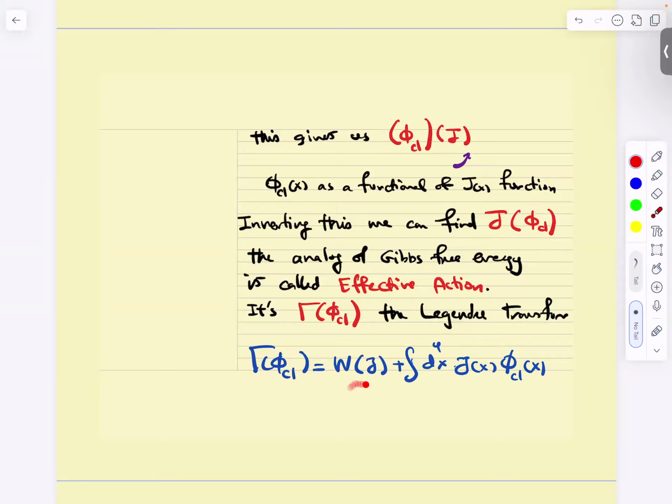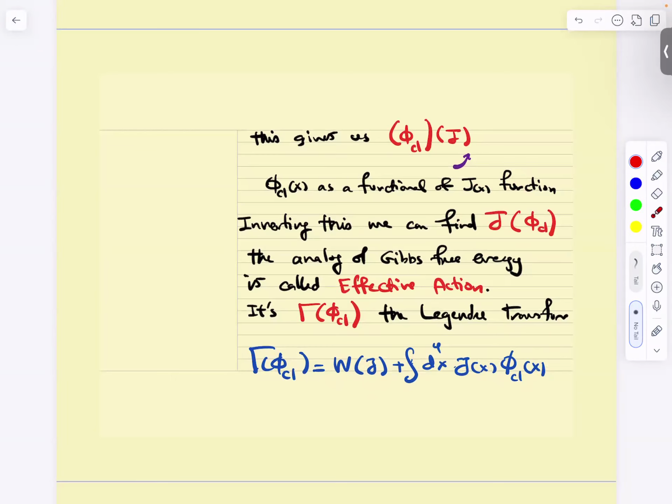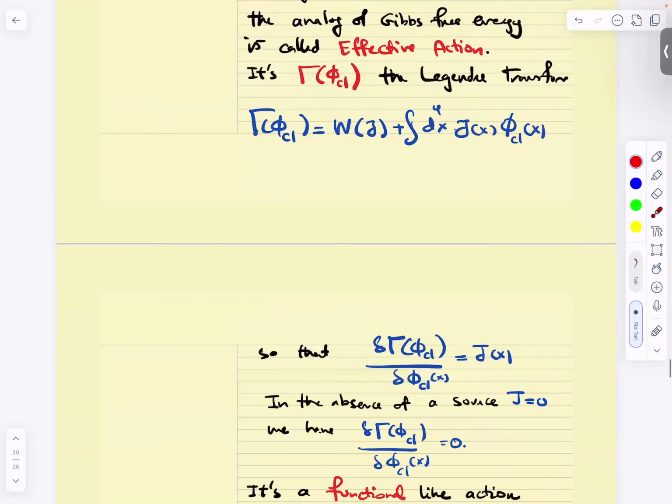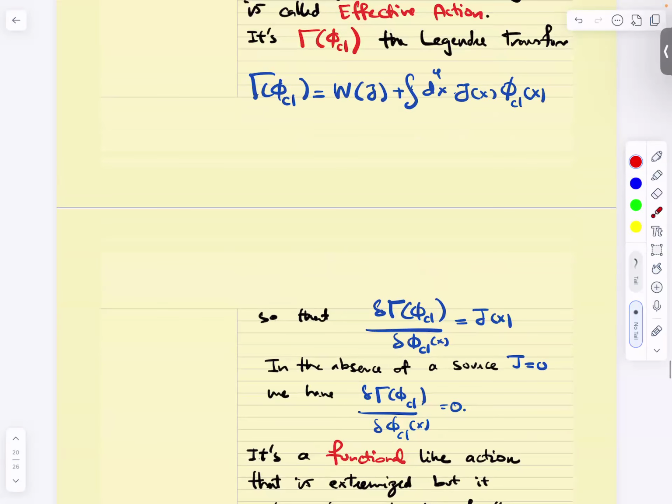It's just a Legendre transform of the W of J. So you take W of J, add the integral d^4x, J(x) phi classical(x). That's it. And this is called the effective action. Now, it is straightforward, just partial differentiation, to show that the derivative of this Gamma, the effective action, with respect to phi classical is J(x).